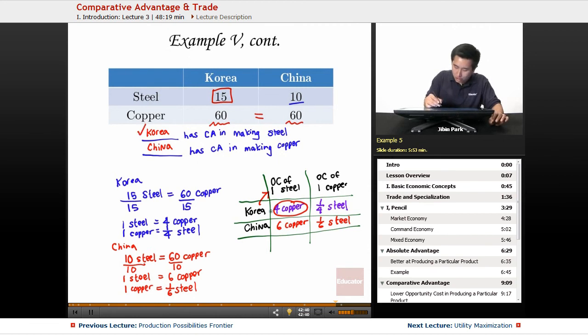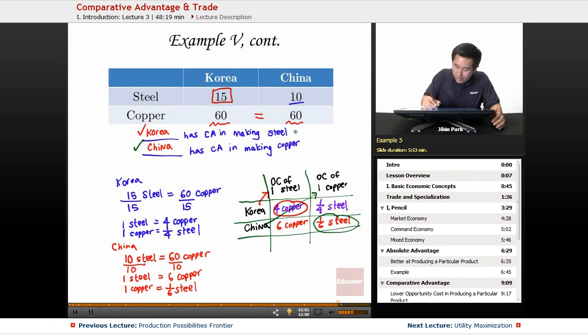And lo and behold, it checks out. 4 is less than 6. Korea has comparative advantage in making steel. And therefore, China, 1 over 6, is less than 1 over 4. So China has comparative advantage in making copper. So in terms of trade, Korea is going to trade in what it has comparative advantage.